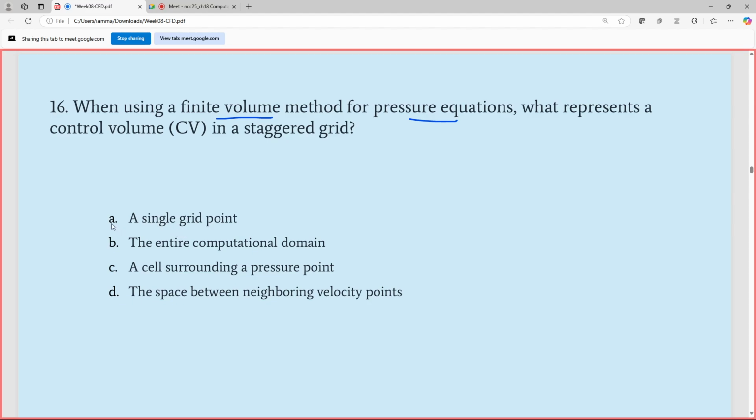Options are option A, single grid point. Option B, the entire computational domain. Option C, the cell surrounding a pressure point. Option D, the space between the neighboring velocity points. So the question is how pressure equations are represented in a control volume method in a staggered grid.